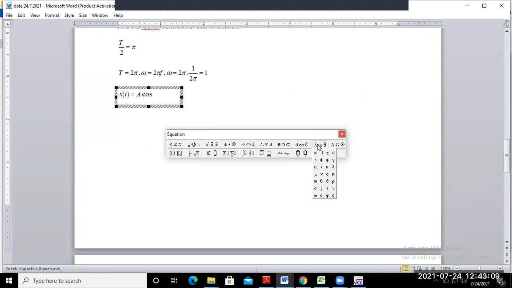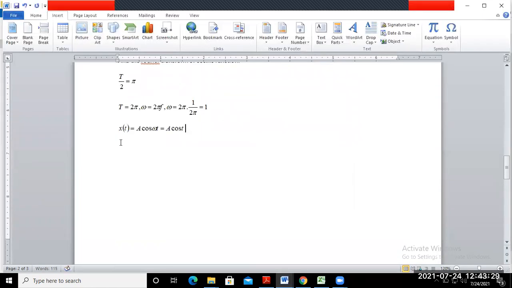So omega equal to 1, that means here A cos omega t becomes A cos t.